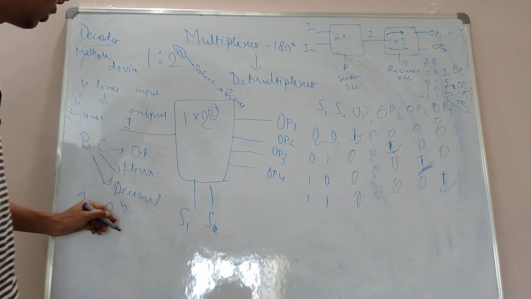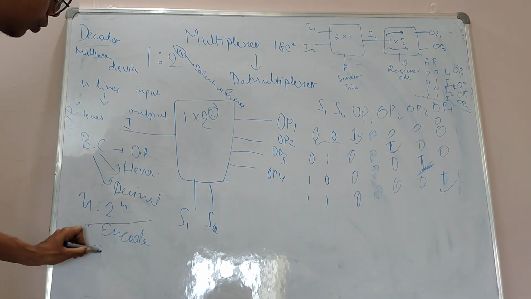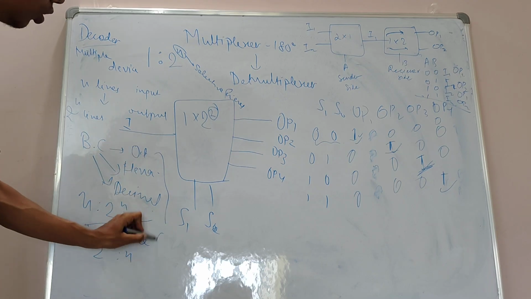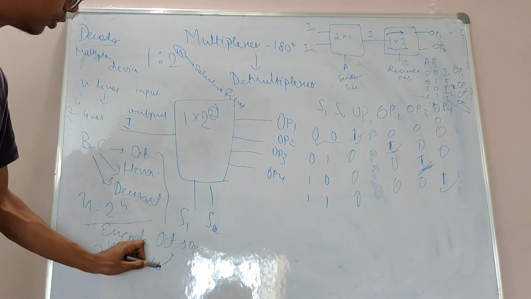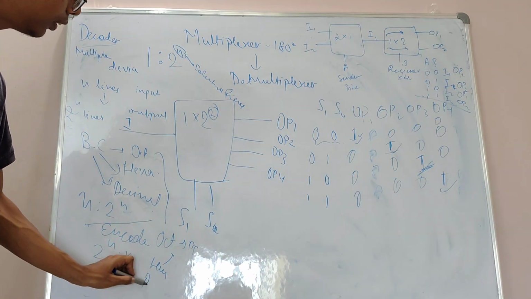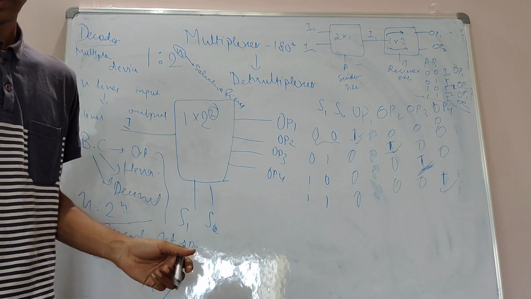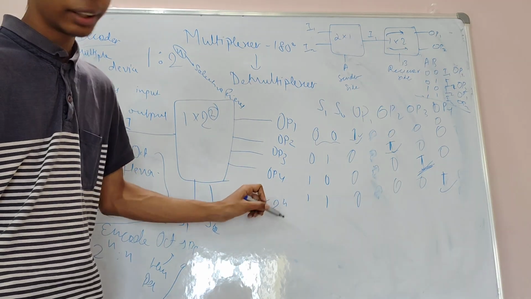And the same but opposite case is the encoder. In an encoder it is 2 to the power n to n, and this is all reversed, that is, octal is converted to binary code, hexadecimal is converted to binary code, and decimal is converted to binary code, right? And this can be written in the form 2 to the power n into n.